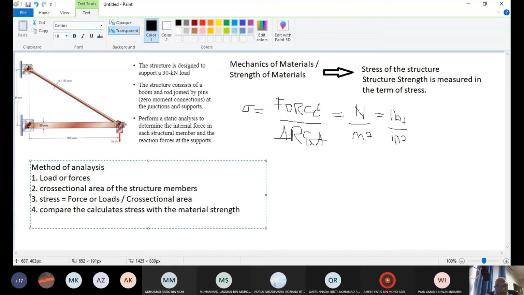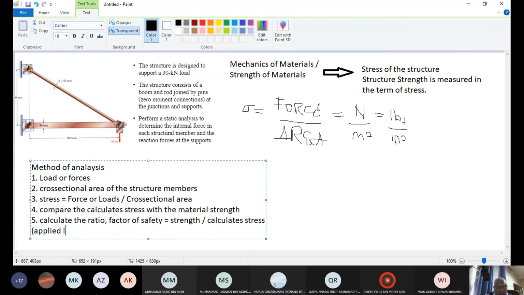Then you calculate the ratio, which we call the factor of safety, by dividing the material strength over the calculated stress, or in other words, the applied loads.